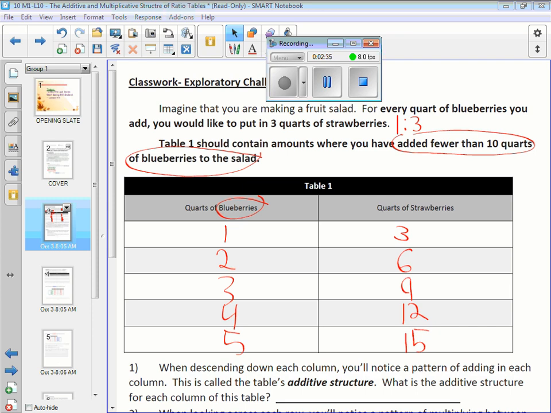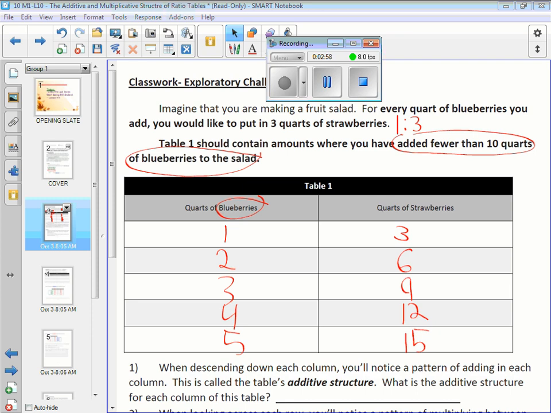I did 3, 6, 12, 24, 48. Let me take a look. Okay, you're not in the 1 to 3 ratio. So that second column, those numbers are not correct. Keep it like that and you'll see why it's wrong.